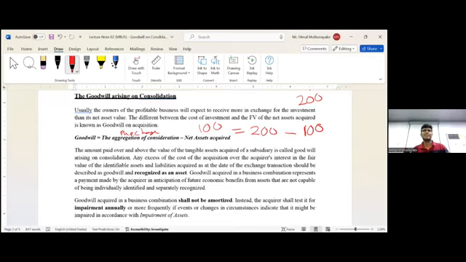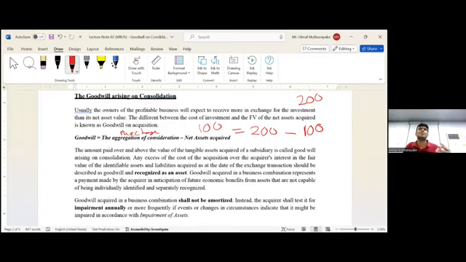Purchase consideration means we can purchase the shares of the company by using cash, by share exchange, or other ways. I will discuss it in the latter part, but at this point just remember purchase consideration minus net assets. If there is a difference, we call it goodwill.